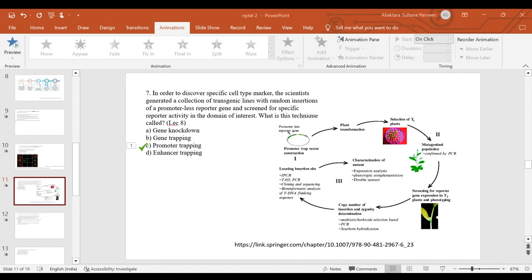The vector containing this promoterless reporter gene will get incorporated into the genome. But as it will not have any promoter, it will not get transcribed. To get it transcribed, it has to come in contact with some kind of promoter. That's the idea.